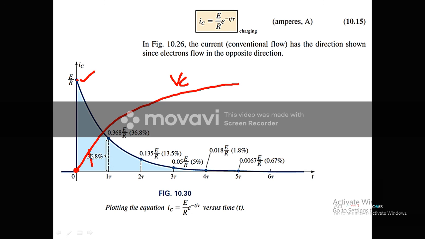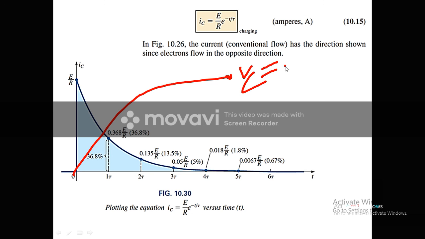As voltage appears across the capacitor, the potential difference reduces, so the current reduces at that time. And when we have the maximum voltage, Vc equal to E, we have no potential difference. No potential difference means no current, 0 current.